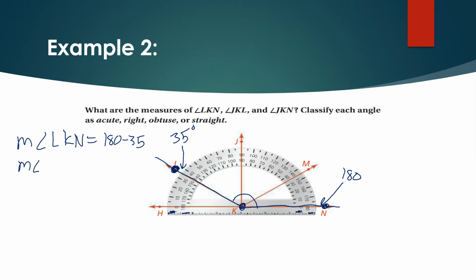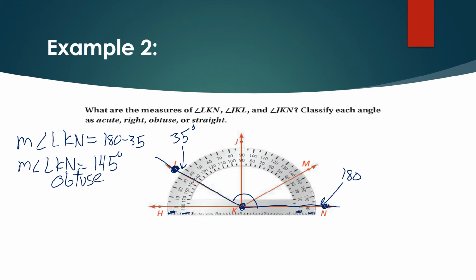So the measure of angle LKN is going to be 145 degrees. Now, the second part they want is, is this an acute, right, obtuse, or straight angle? Well, this is going to be obtuse because obtuse is between 90 and 180. So this is an obtuse angle.